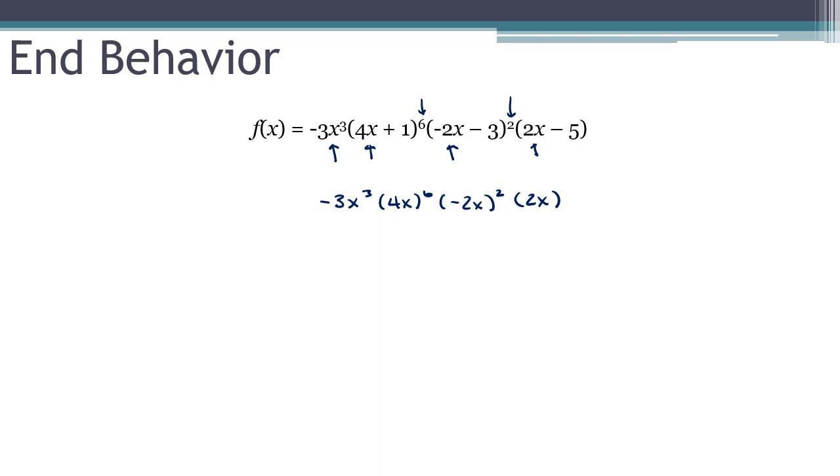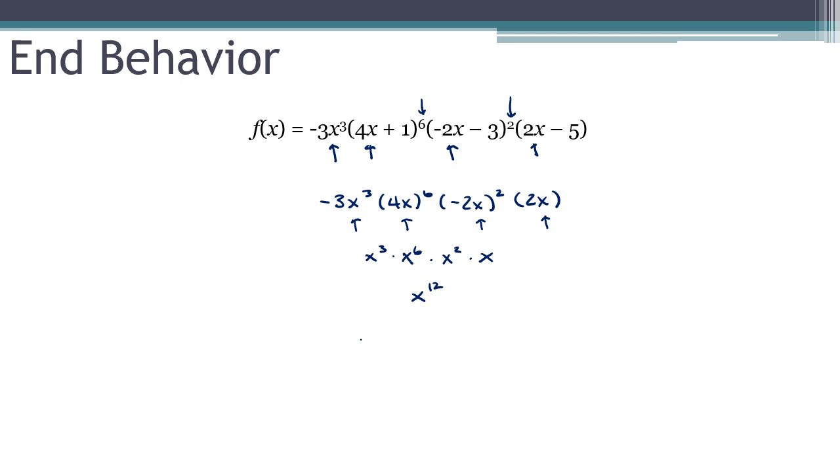All right, so let's think about what happens to the variables first. I'm going to get x to the third, x to the sixth, x squared, and x. 3, 6, I'm adding up the exponents, right? x to the third times x to the sixth times x squared times x. You add the exponents together. This is x to the 12th. All right, and think about what's going on with the coefficients.